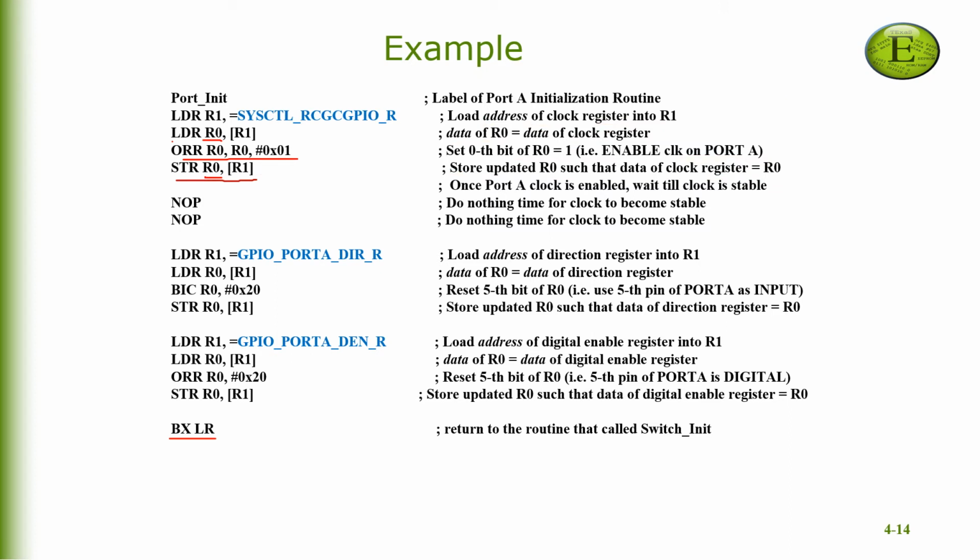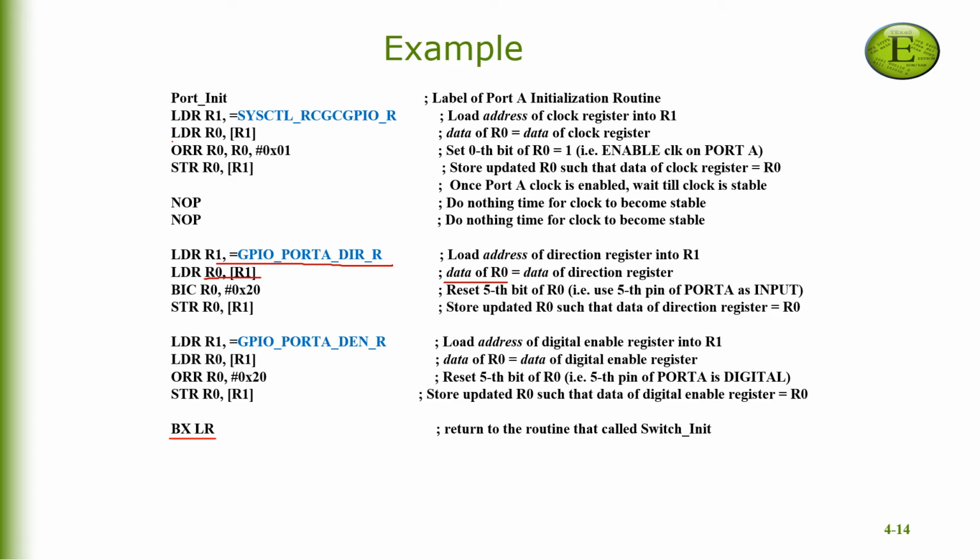Okay. After enabling the clock, the next task is to set the direction of the port pin. In this case, we are going to load the address of the port A direction register, and fetch the contents of this register into R0.